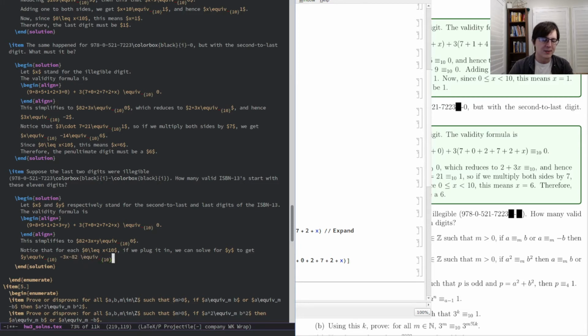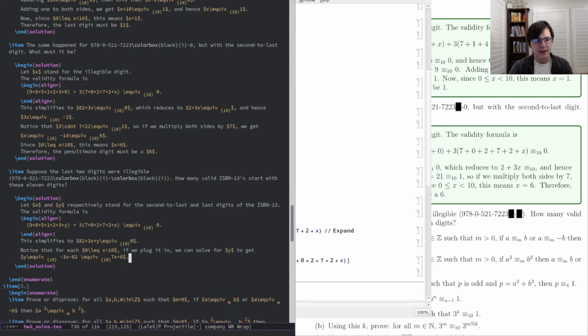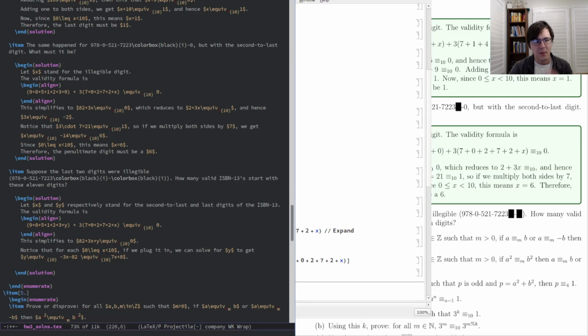And I don't need to do this, but while we're here, this is 7x plus 8. Yeah, so therefore, there are 10 valid ISBN 13 numbers that start with these 11 digits.